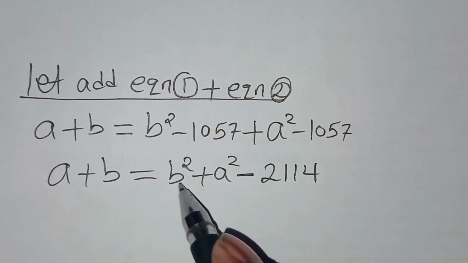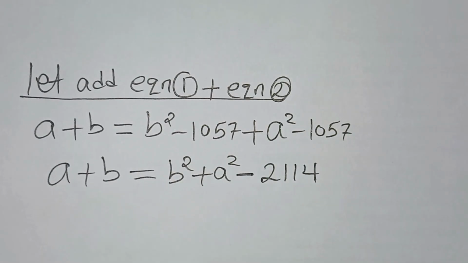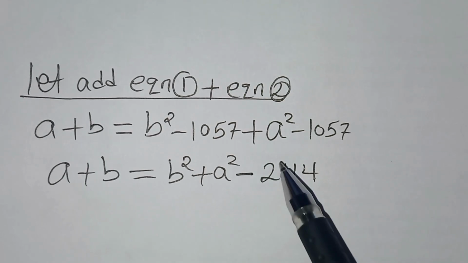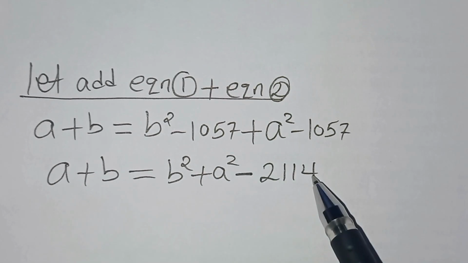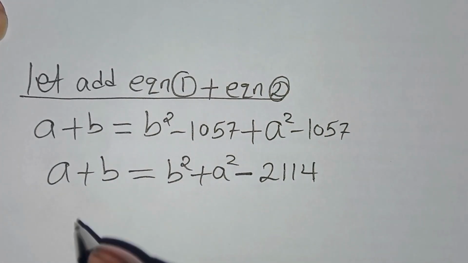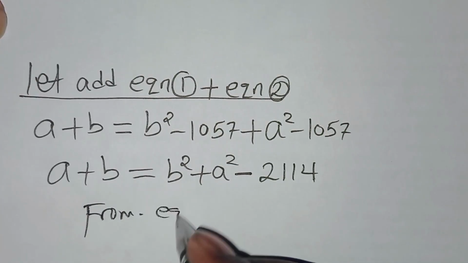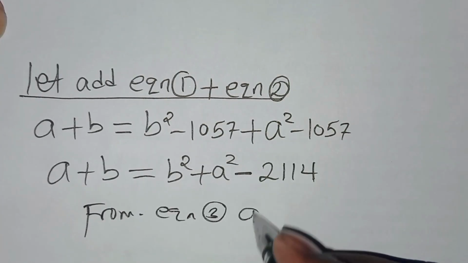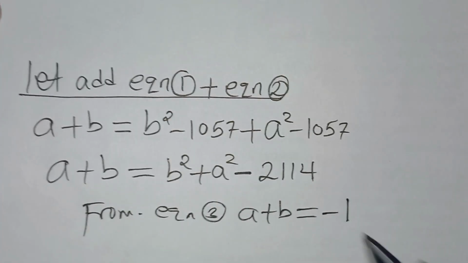Now we have that b squared plus a squared, now negative 1057 minus 1057, this is negative 2114. And now from equation 3, we have that a plus b, this is equal to negative 1. So let's substitute this. So here we have negative 1.